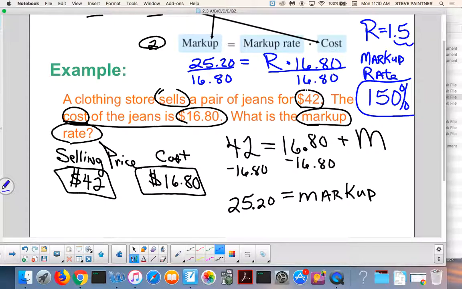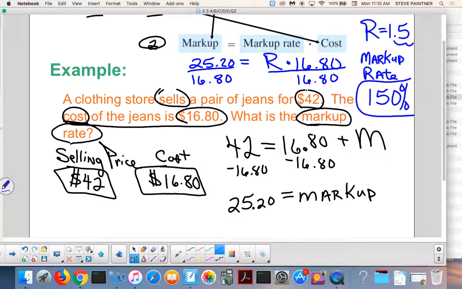Do you think that's true? Do you think they do that to jeans? Yes, sure. You know, jeans are ridiculously priced. I've seen jeans that cost $100. I will guarantee you whoever sells them to you for $100 bought them for less than 40 or 30. They probably bought them for $25, and they put $100 on it, and that's 400% markup.